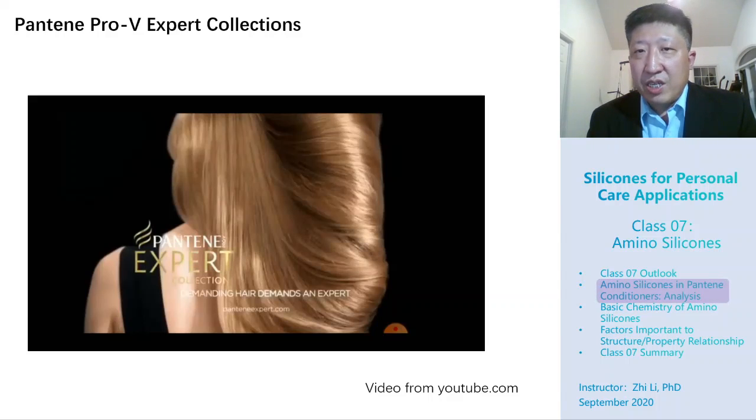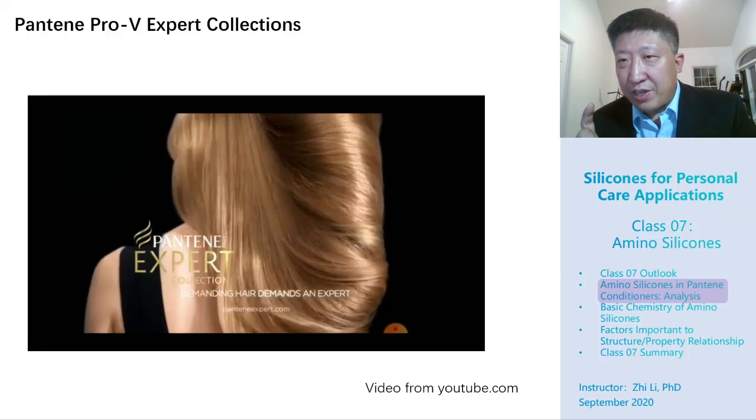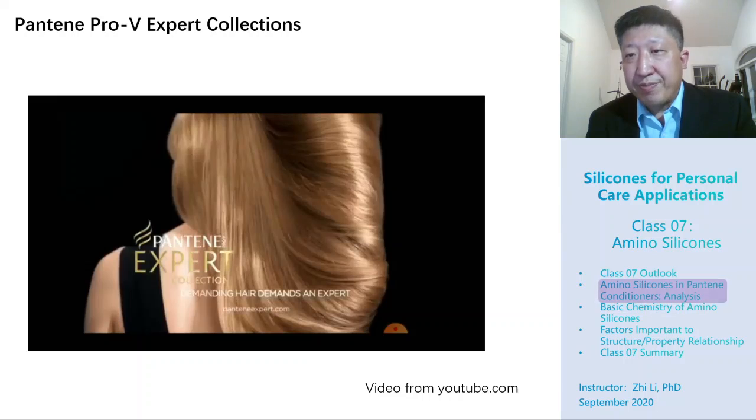I believe they sell this one, especially this keratin repair, 2 minutes repair, at a very high price, and they also sell a 1 minute repair in a 25 milliliter package, at a really premium price. But if you look at the ingredient list, you will recognize the exact same architecture.